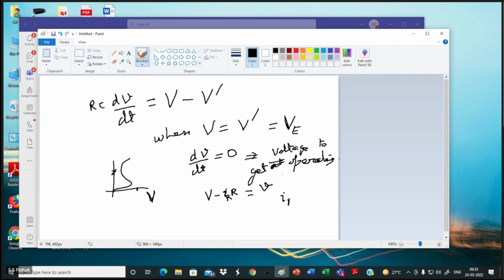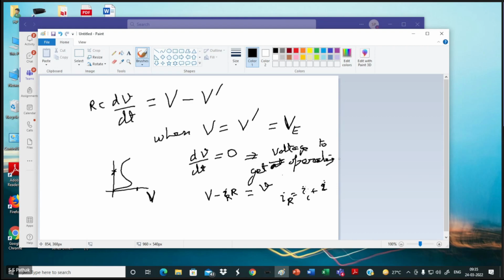Here is my IR equal to IC plus I. So what is the maximum value here? We can calculate from here. IR is your IC plus I. When IC will be 0, I have to put IC equal to 0.